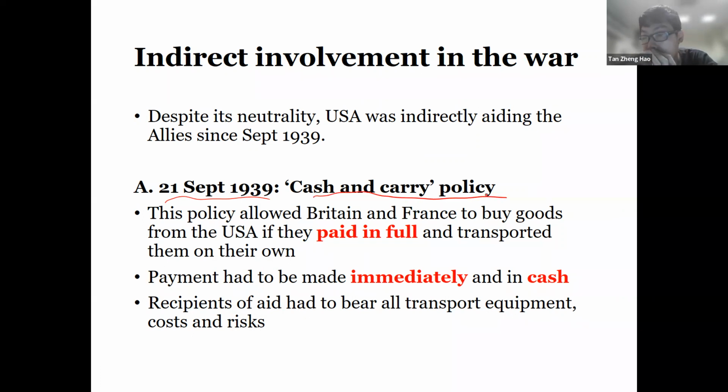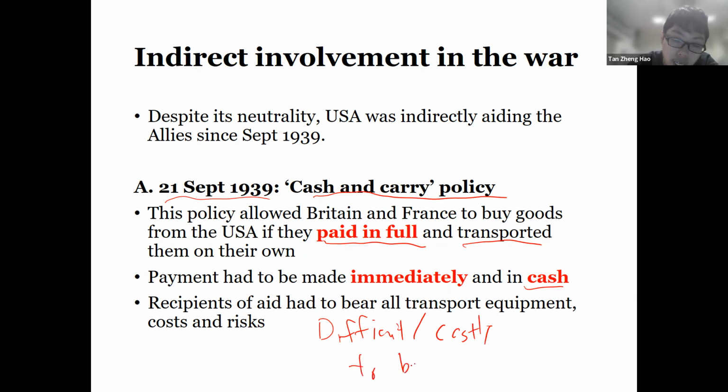This means that when Britain and France wanted to buy things from the USA, especially weapons or things important for war fighting, the USA wanted them to pay in full: you want to buy something, you have to carry it home yourself. They have to pay in cash. This means it was more costly to buy from the USA.